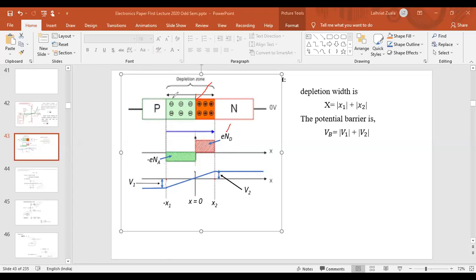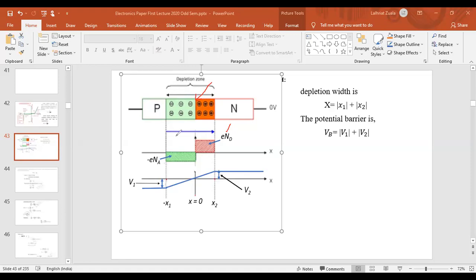And similarly, on the p side, those trivalent atoms, after accepting the free electrons from the pentavalent atoms, become negative ions. So there is a region of space near the junction with negative ions, and that region of space is called the depletion region again.